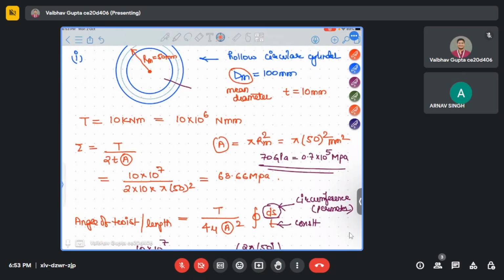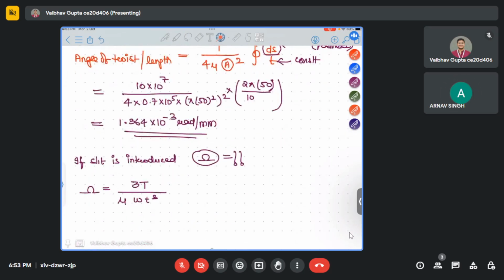Now they have said if a slit is introduced, what is the angle of twist per unit length? The formula to use is that the angle of twist per unit length is given as 3T upon mu w t cube, where w is the perimeter and t is the thickness.